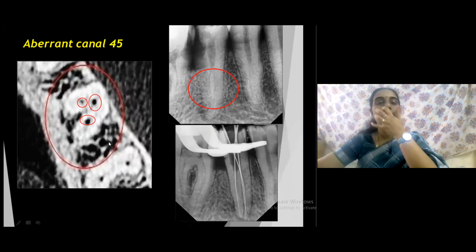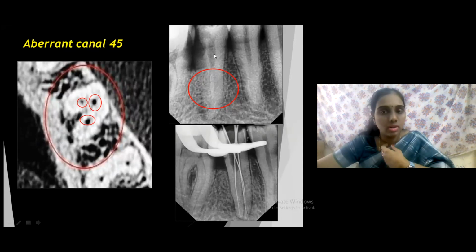Next is an aberrant canal. Like in this premolar, the opening was done and an attempt at root canal treatment was made, but the dentist was not able to move beyond this because there were 3 canals here. I think up to the middle third it was only 1 canal, and after that it divided into 3 canals.